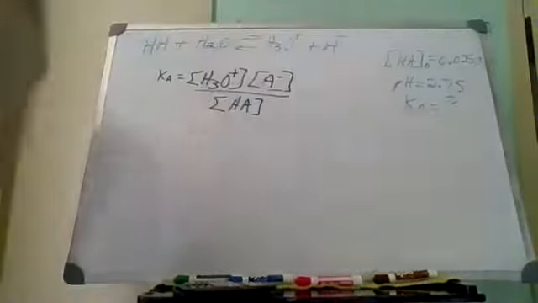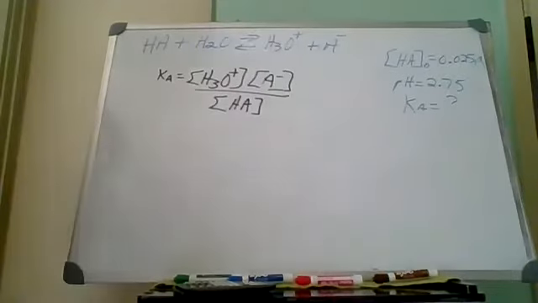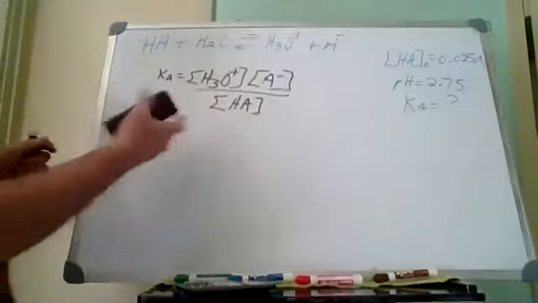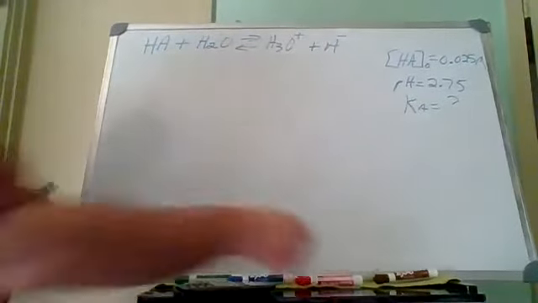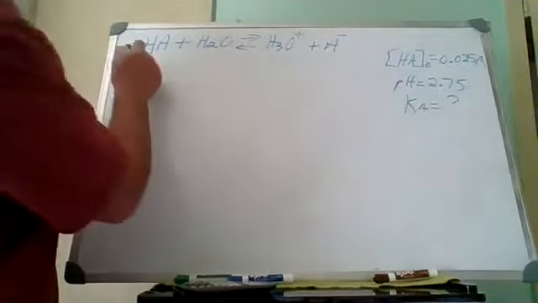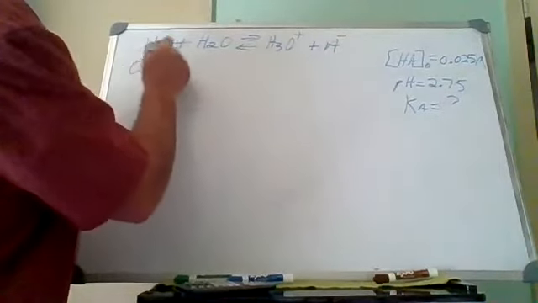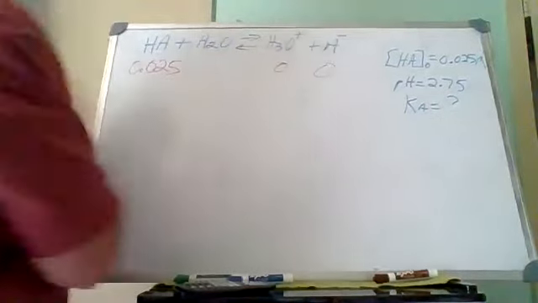Okay. So what we need to do here, actually, I guess I prematurely set this up. We should make an ICE table here. So at the beginning, this is 0.025 molar. This is 0, this is 0.